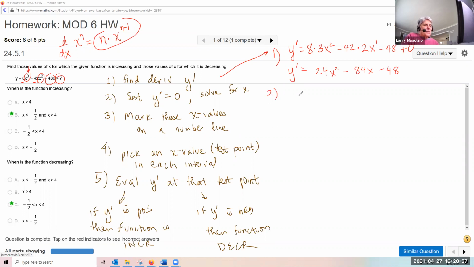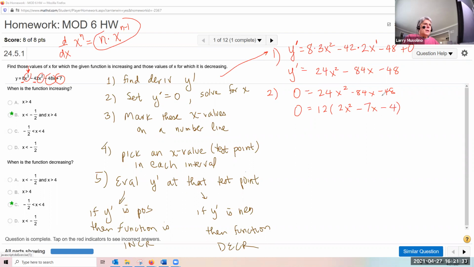Step two is set this derivative equal to 0 and solve for x. It looks like I can do some factoring here. Can I factor a 12 out in front? I think I can, yep. So I'm going to factor a 12 out. That's going to leave me with 2x squared minus 7x minus 4.